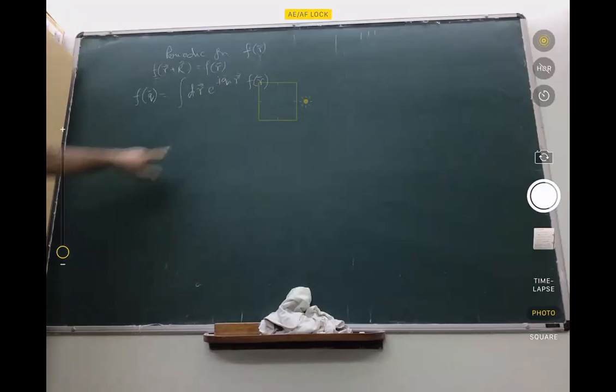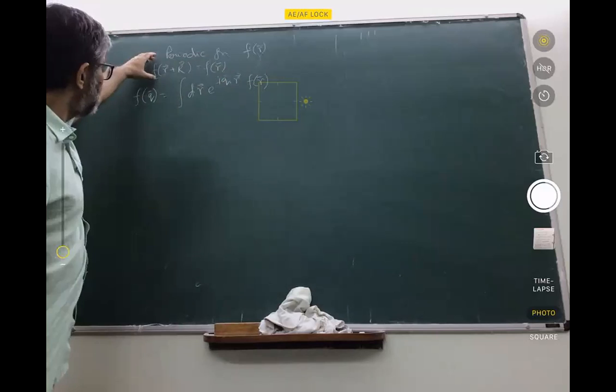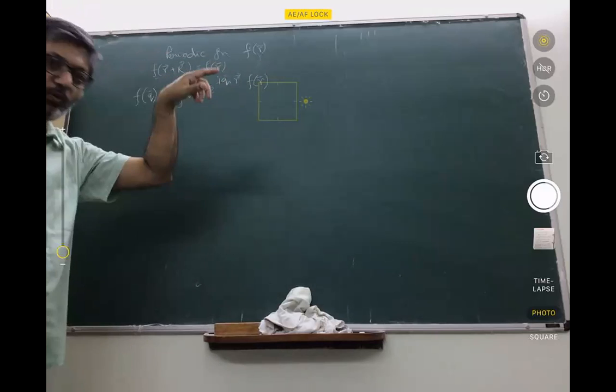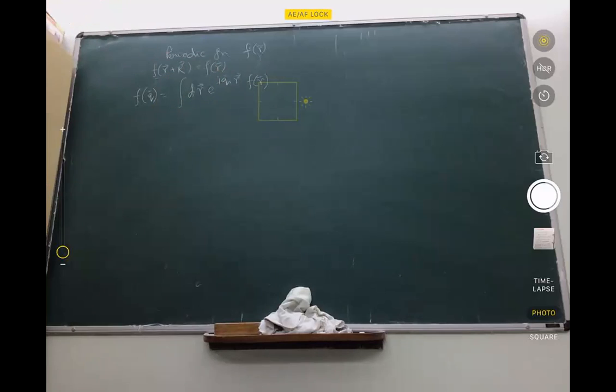Now this integral is over all space, but I have a periodic function. So what I can do is do this integral over one unit cell, and then sum over contributions from all unit cells. That will give me the same result because it's a periodic function.